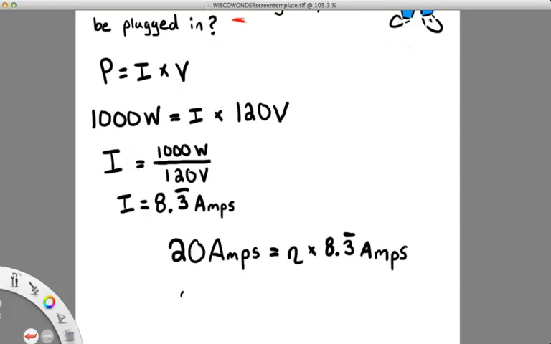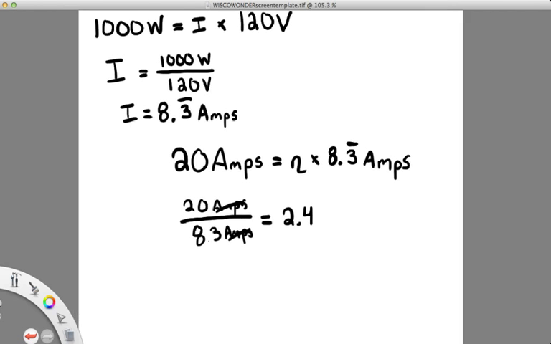So all we have to do is divide this 20 amps by 8.3, and notice that these units cancel, of course, and we get 2.4.